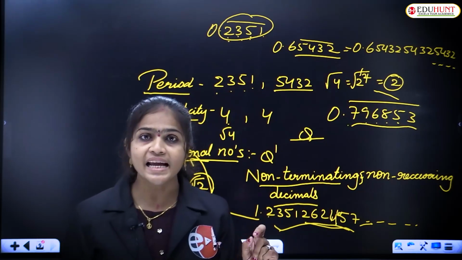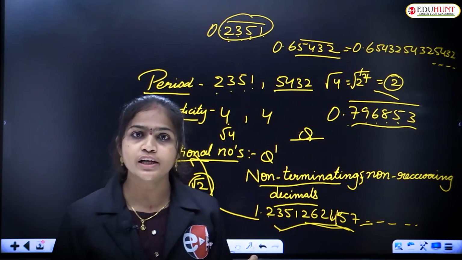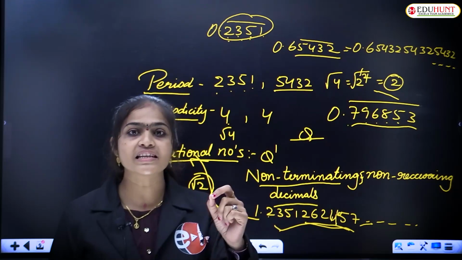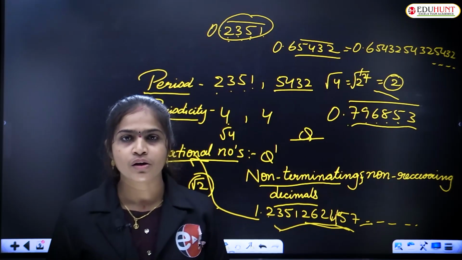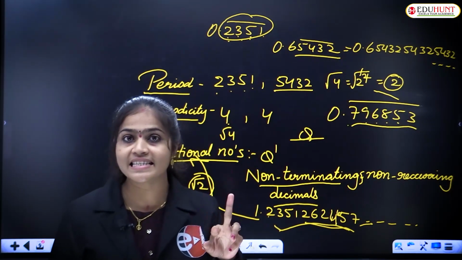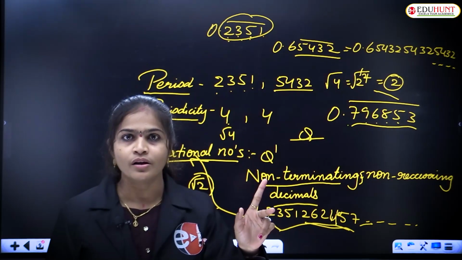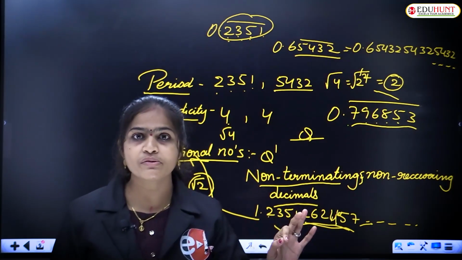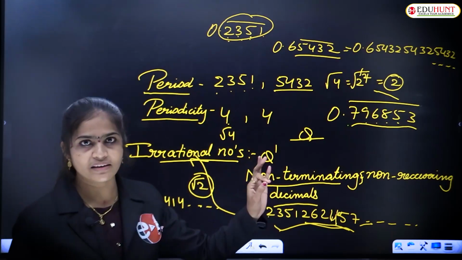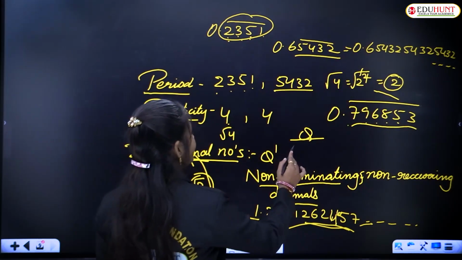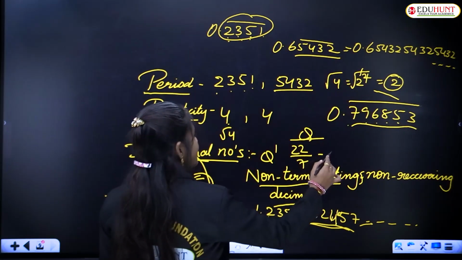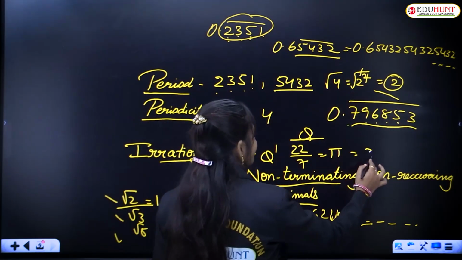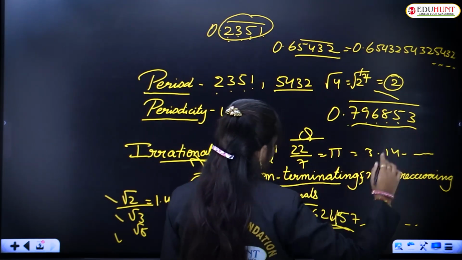As well as the pi value. Pi we say is 22/7, but that is not the exact value, that is the assumed value. There is a lot of difference between the exact value and the assumed value. 22/7 gives 3 point something, 3.14 and so on.